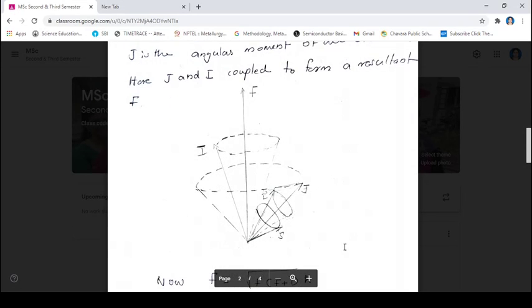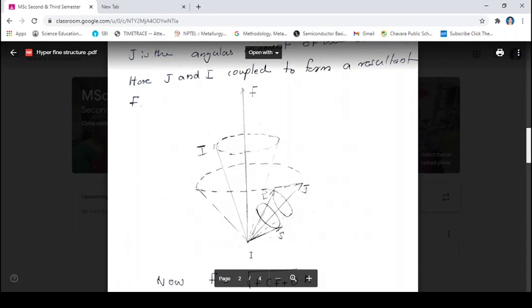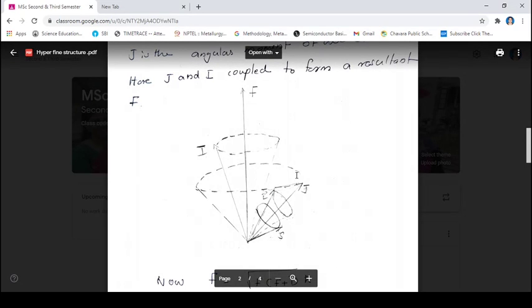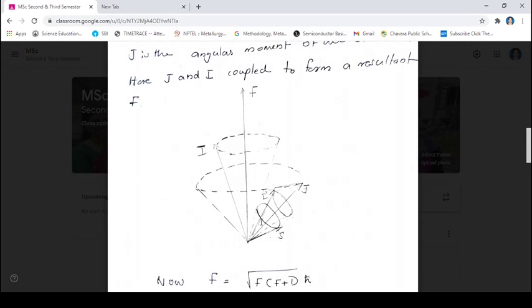The coupling is shown with the help of a diagram. Here this is S and this is L. The coupling between S and L gives rise to J, as shown here. This is a classical picture, so you can see the vectorial addition. This is the direction of L, this is the direction of S, so the resultant will be along this direction.